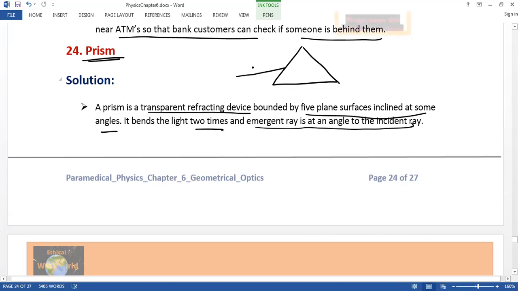It bends two times: first it bends here, and then again it bends. The angle of incidence is equal to the angle of emergence. This is the phenomenon of the prism, which has 5 plane surfaces inclined at some angle.